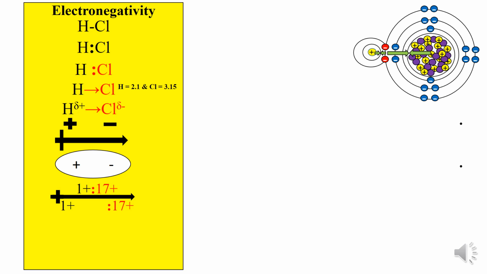It is not that the hydrogen atom has lost the electron, it is only unequally shared. It is moving closer to the chlorine atom away from the hydrogen atom, and therefore chlorine is more electronegative than hydrogen on the Linus Pauling scale, and it pulls the shared pair of bonding valence electrons closer to itself because of the Coulombic force of attraction.